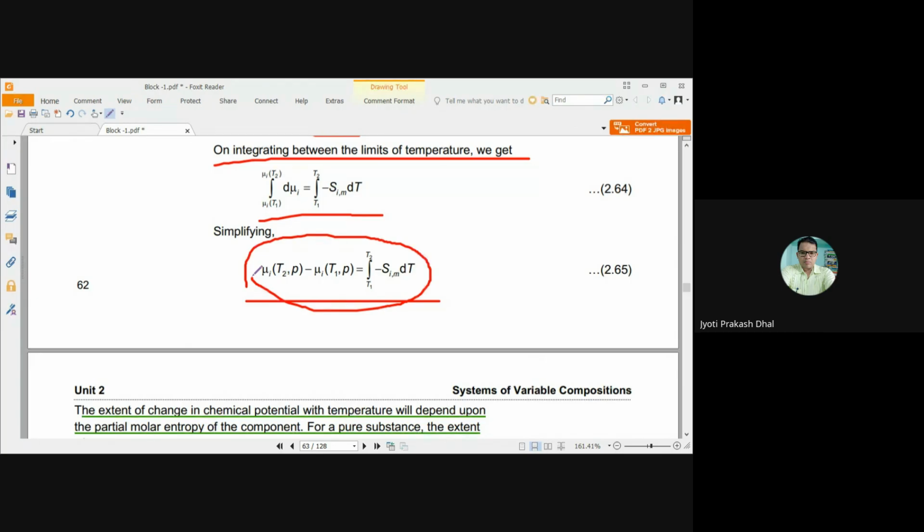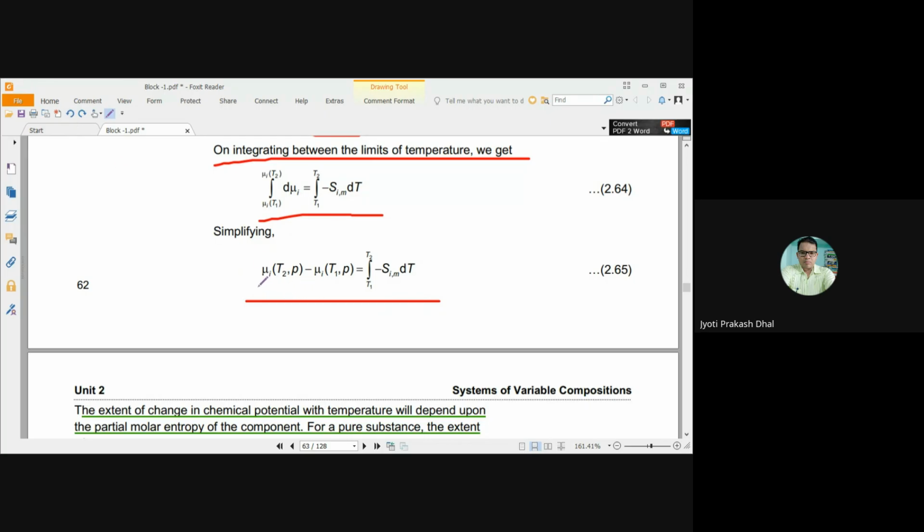So here we are deriving the effect of change in chemical potential with change in temperature, and hence the temperature changes from T1 to T2 at constant pressure. So mu I at T2, P minus mu I at T1, P, that means the temperature changes from T1 to T2 maintaining constant pressure. What will happen to the chemical potential of the ith component?